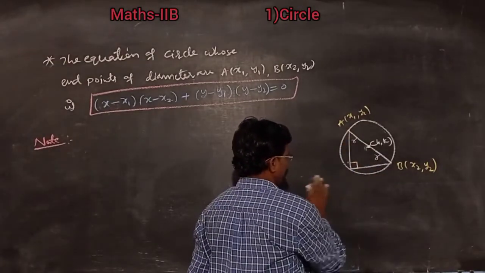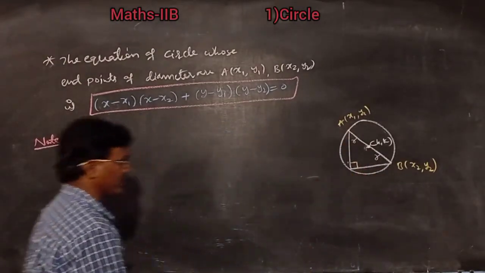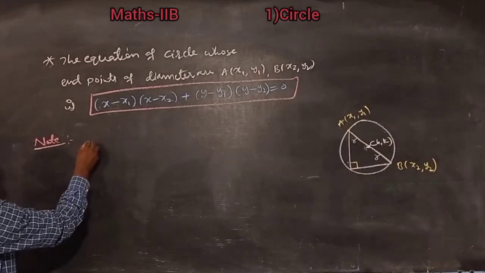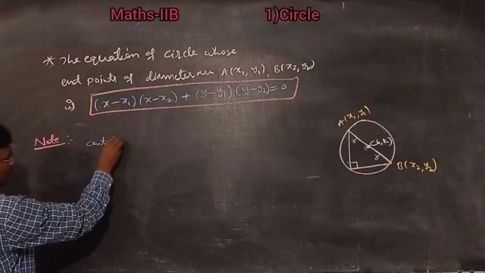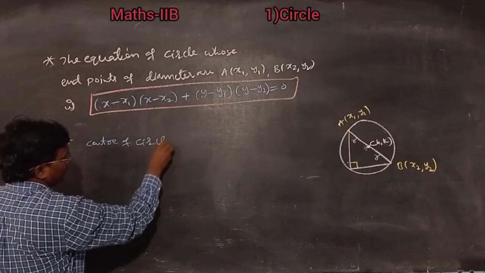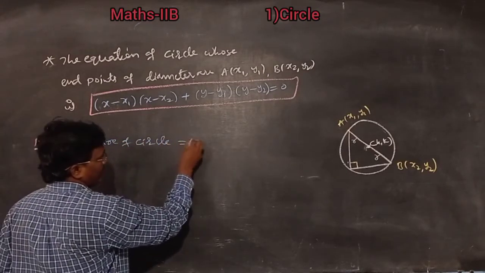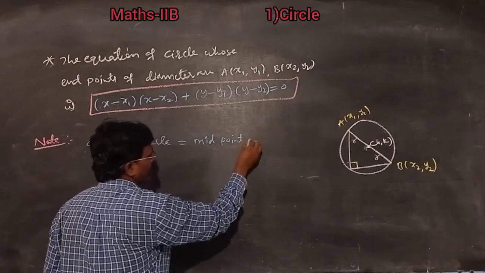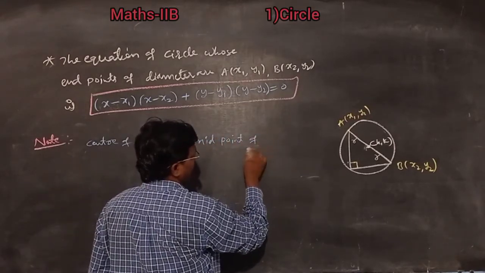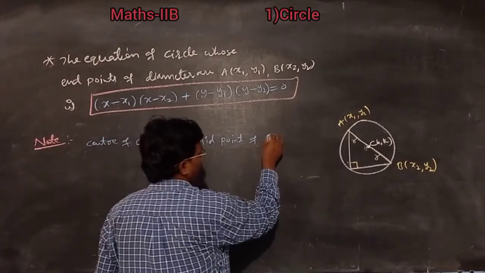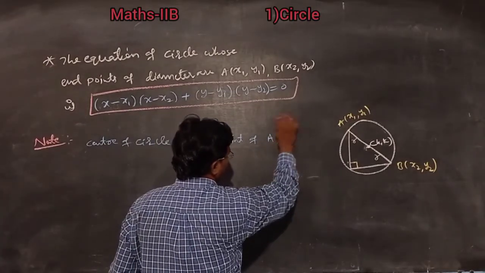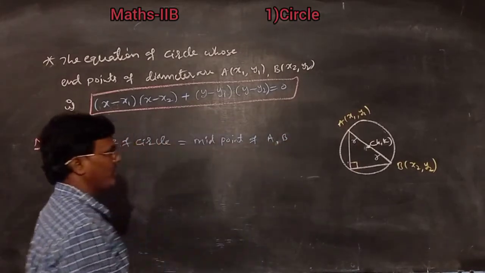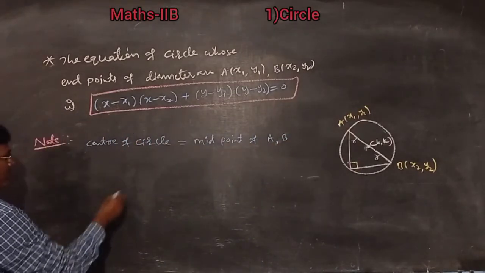Let us take a note: the center of the circle is equal to the midpoint of A comma B. What is the formula here?